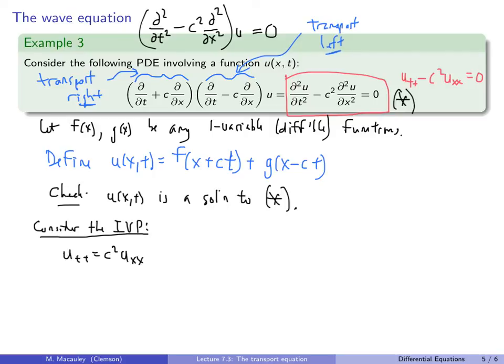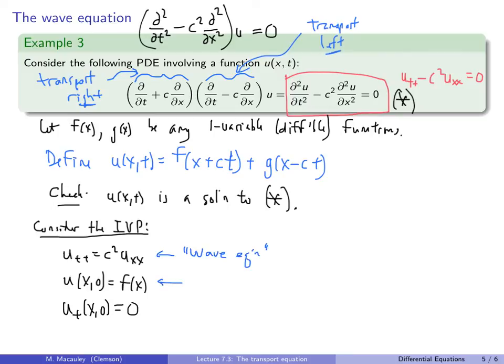And then let me give an initial condition. u of x, 0 equals f of x. So just a function. It doesn't have to be this function, but why not? And then let's say that u_t of x, 0 equals 0. So we're going to call this the wave equation. That's the name we're going to give this PDE.